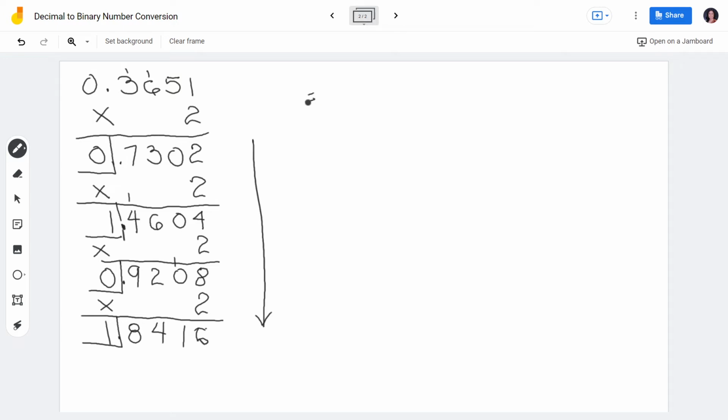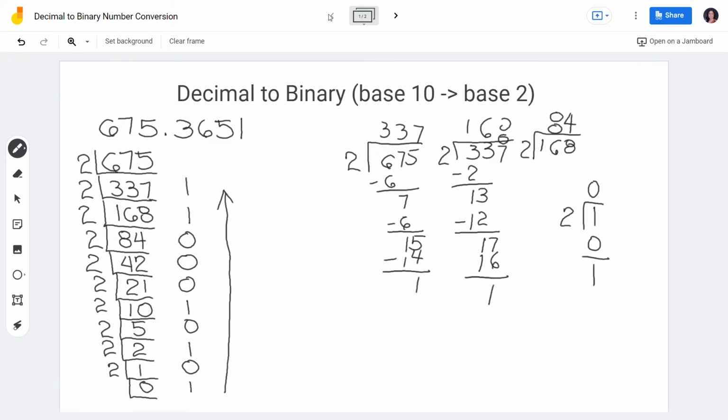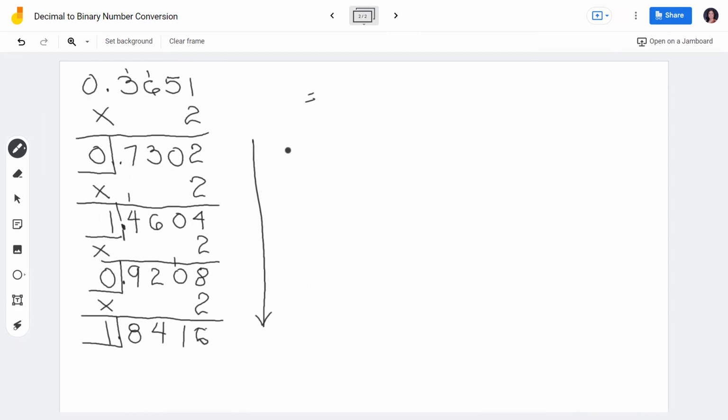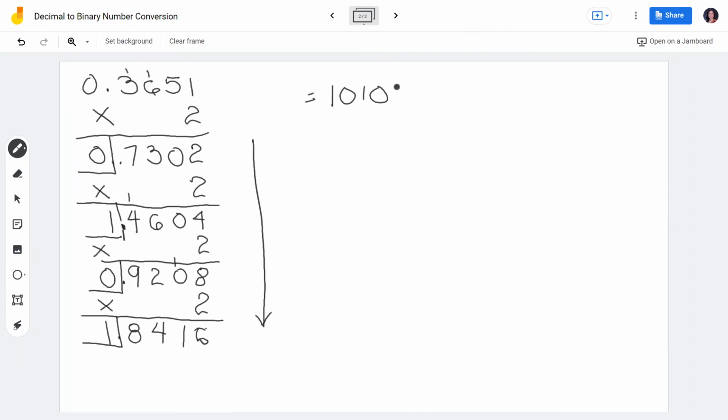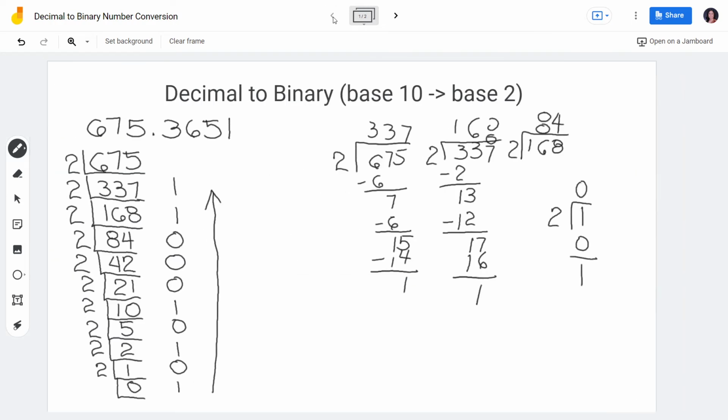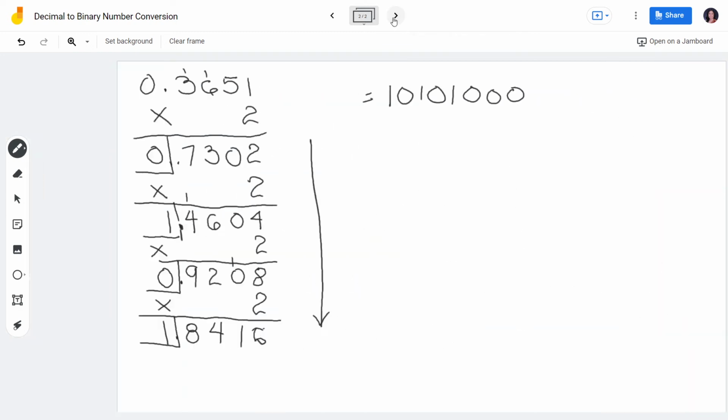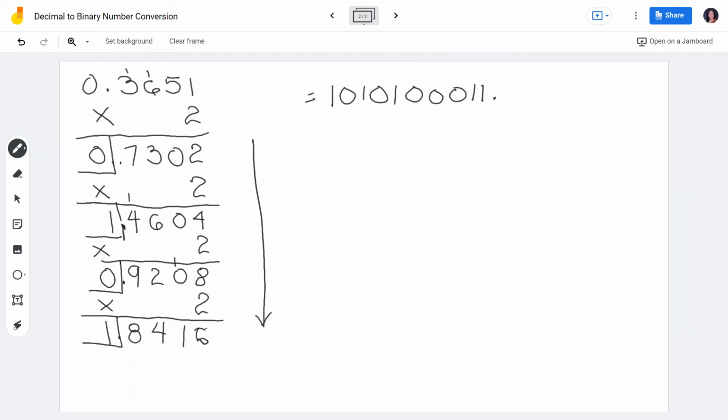Our final answer is 1010, 1000, and then 11.0101 base 2. So this is our final answer.